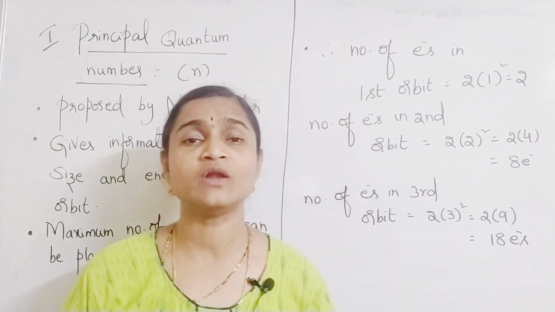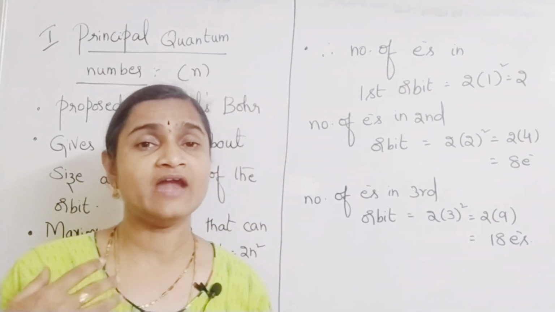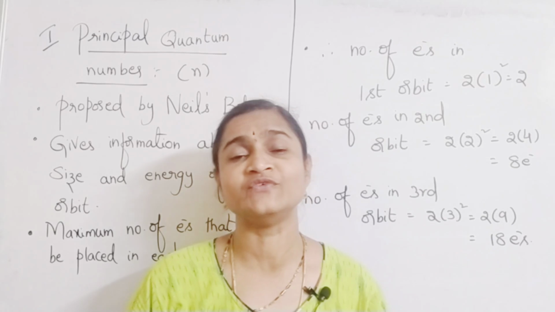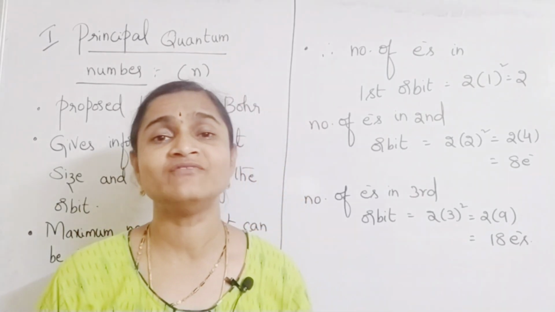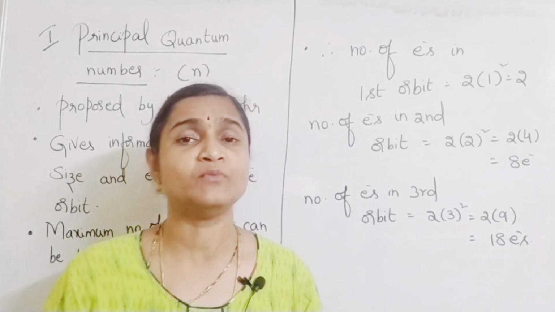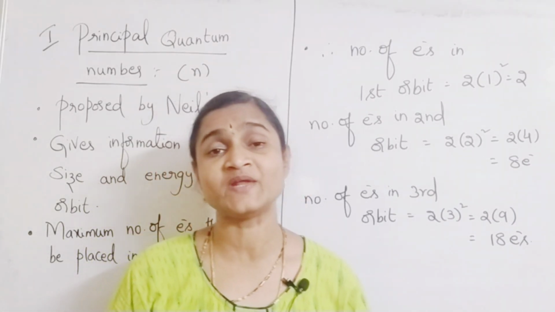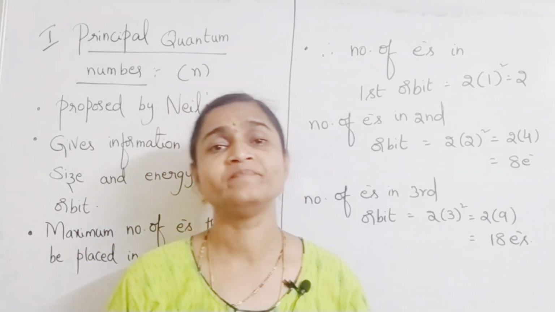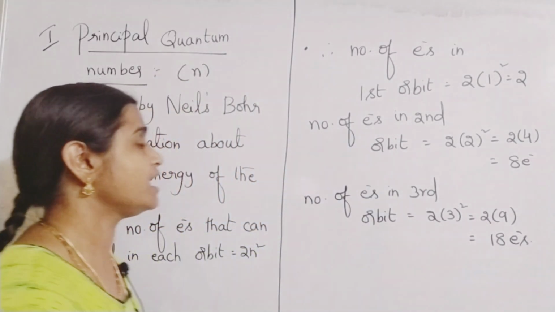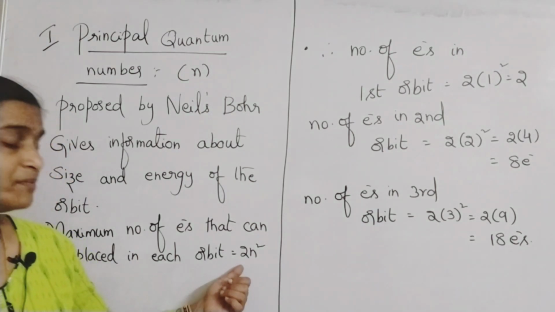Size of the orbit means nothing but radius, and we have studied the energy of the orbit and the values with respect to units also. You can watch my previous videos to come to know many important points regarding expressions like the radius of the orbit and the energy of the orbit. The number of electrons that can be placed in each orbit is given by the formula 2n square.